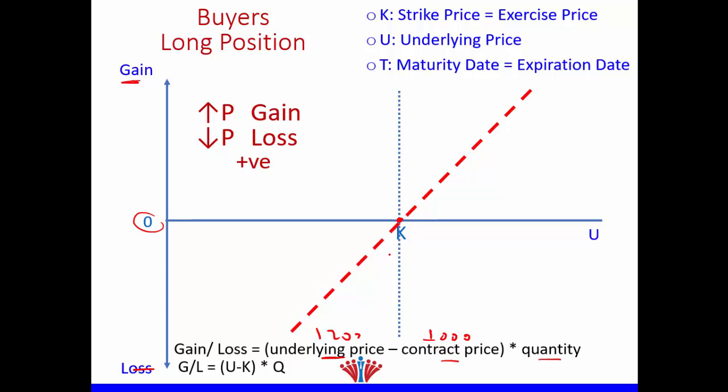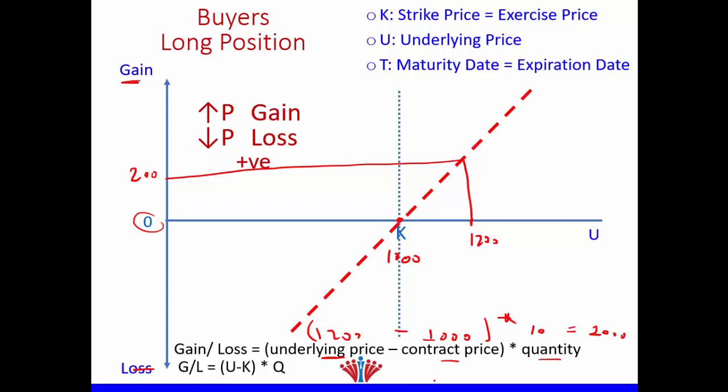I will write here under K 1,000, and I will put here 1,200. I will go up, and this gives us a gain per unit of 200. To calculate the total gain, I need to know how many kilos we will buy. Let's assume the quantity is 10. So it will be 200 times 10, which gives us 2,000.